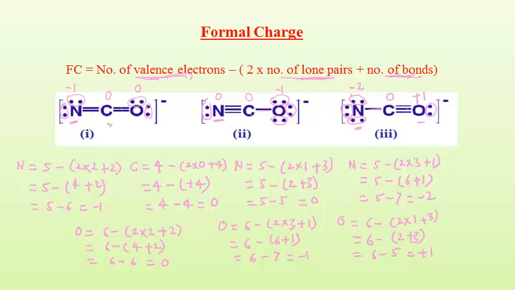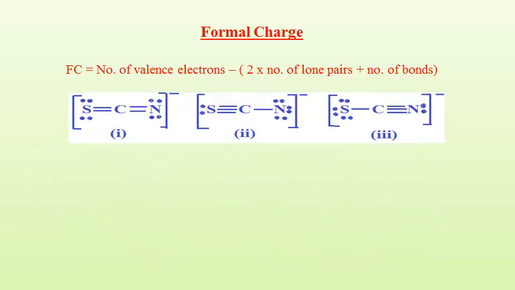Let me take the last example, that is thiocyanate. There are 3 resonances of thiocyanate given here, and we calculate the formal charge of atoms in these ions using the same formula. Let me start with the first resonance of thiocyanate ions, and we calculate the formal charge over the sulfur atom.